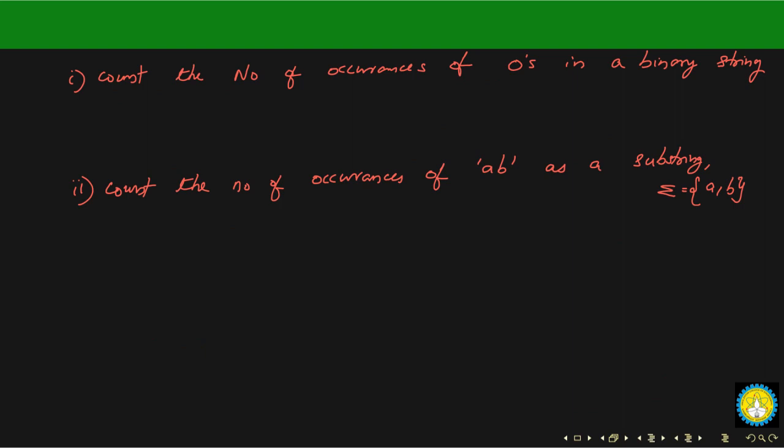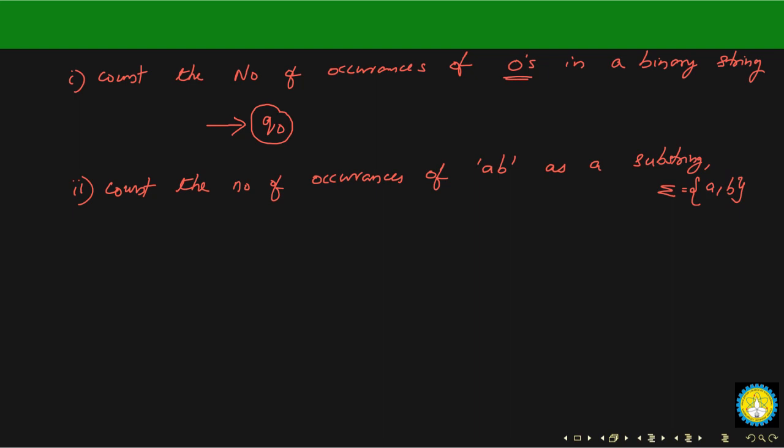Now let's solve some problems related to the construction of Mealy machines. The first question is to count the number of occurrences of 0 in a binary string. This is going to be very straightforward. In your starting state, you can either see a 0 or a 1. You are asked to count the number of zeros, so whenever you see a 0, you output 1, and whenever you see a 1, you output 0.